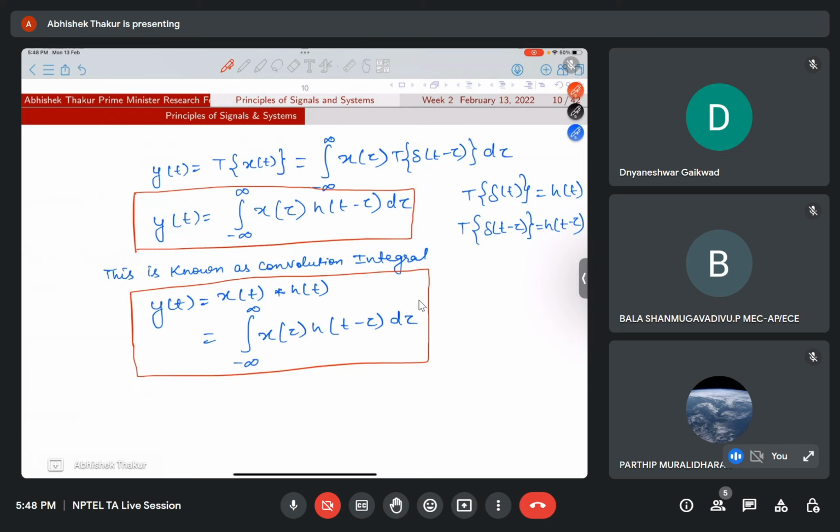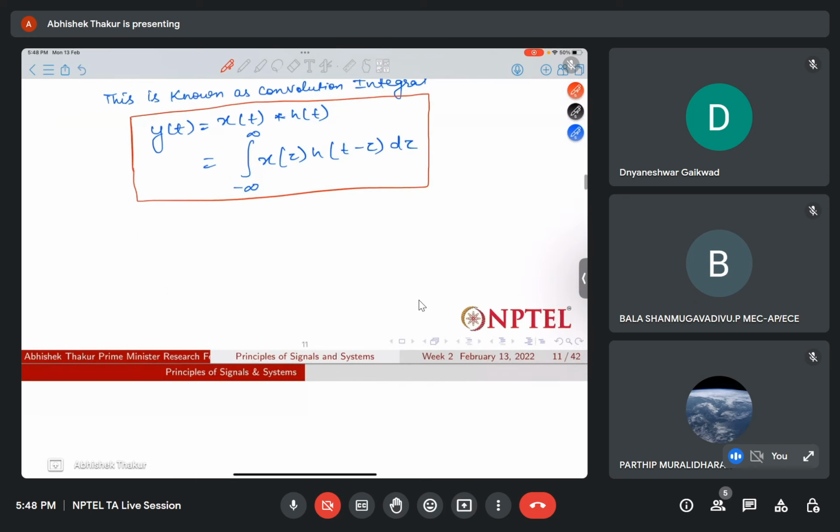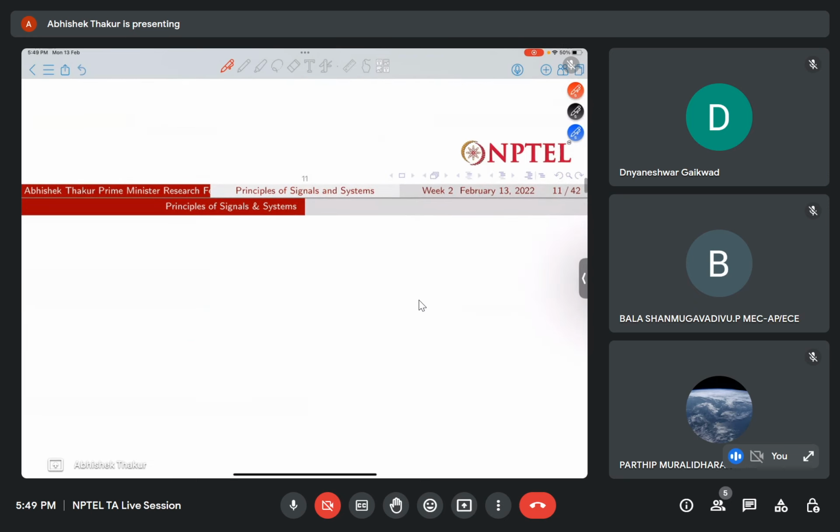So now we will perform this convolution operation and solve a few examples. Let's suppose, find the convolution of two signals given below. The first signal given is ht.